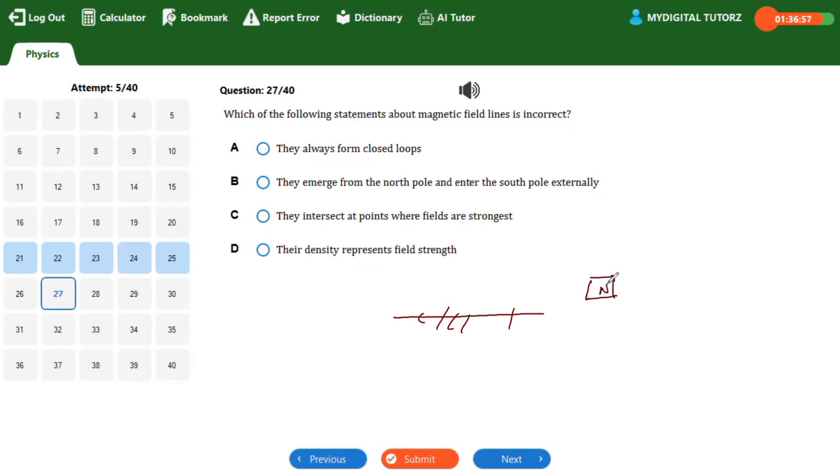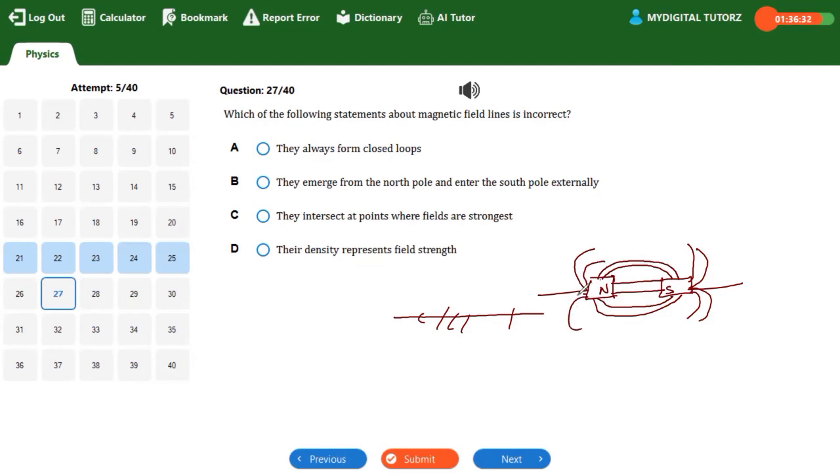For instance, if here is north, two bar magnets of different poles, like here is south, so here is the line of force, the magnetic line of force. Something like this.